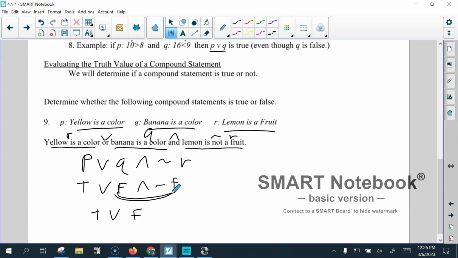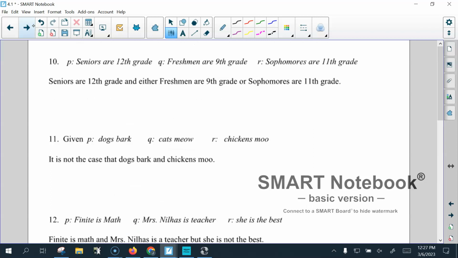And then since we said T, V, F, okay, we go from there, and so we end up with a false statement. And we're just breaking it down step by step. We'll practice more, don't worry. All right.